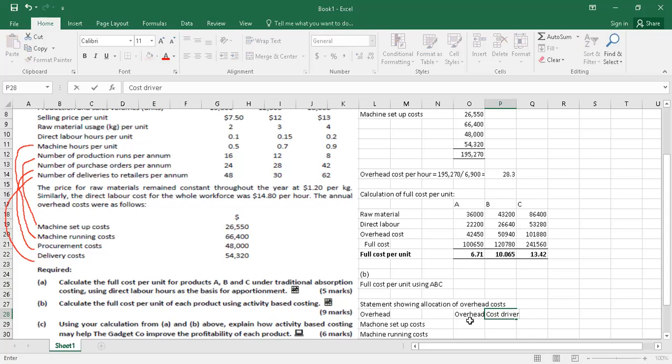The first amount is 26,550. The cost driver is number of production runs per annum.